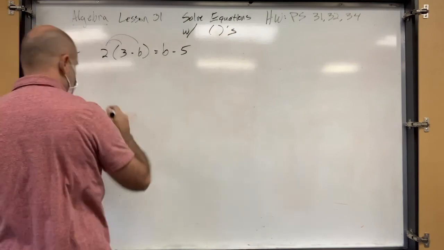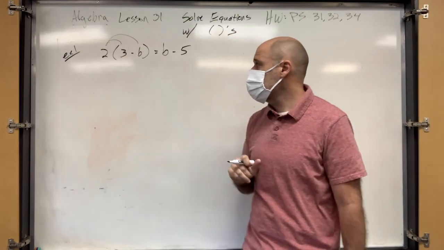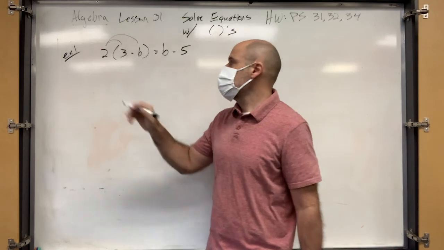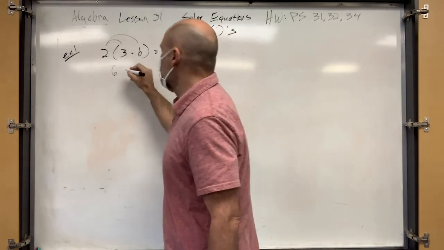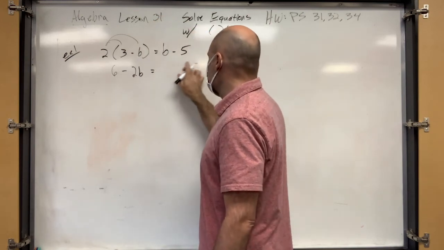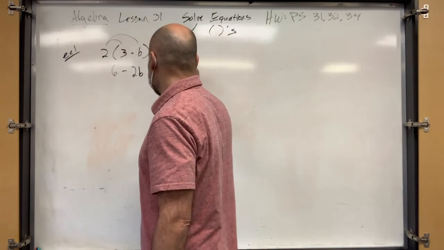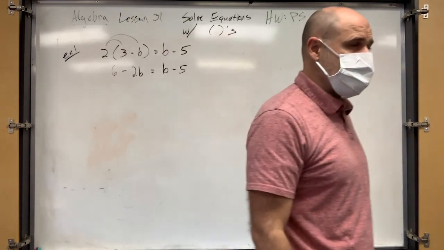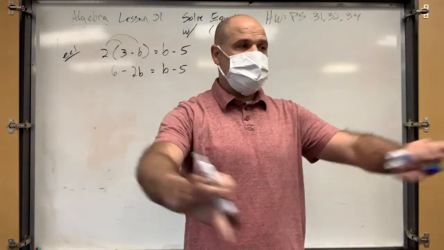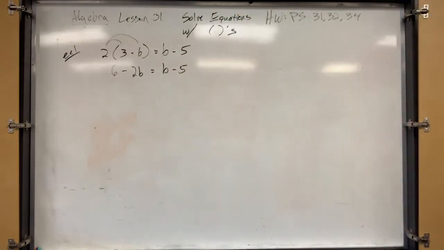Draw your rainbows. Nice little checklist. So what do we end up with on our second line? 6 minus 2b, correct? Do we have to do anything on the right side? Okay, eventually. But remember, our first step, don't stress about solving the equation yet. Your first step is to simplify your workspace. Okay, the left side and the right side, make sure it's as simple as possible.